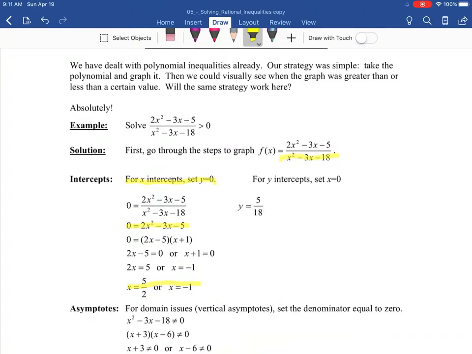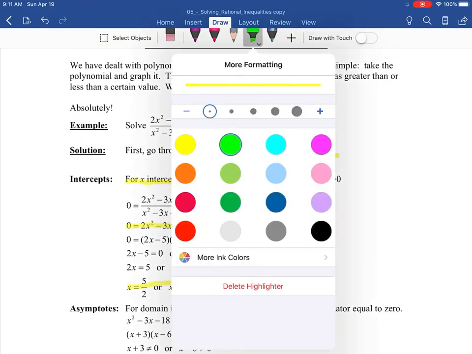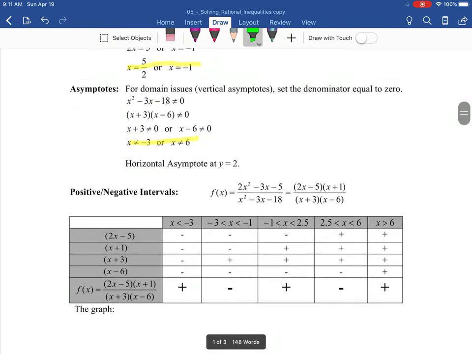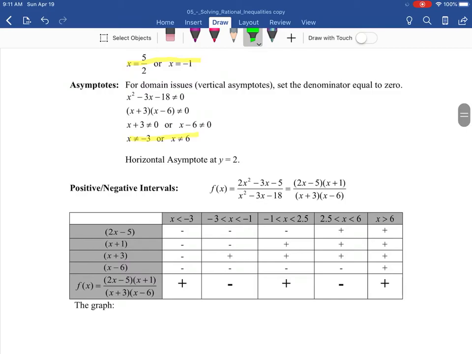Now, another piece of information is the horizontal asymptote. Because the degrees of the numerator and the denominator are equal, I go ratio of the coefficients, which is 2 over 1 here. And so it would have a horizontal asymptote of 2. Also needed to graph, but not needed to build the positive interval chart.